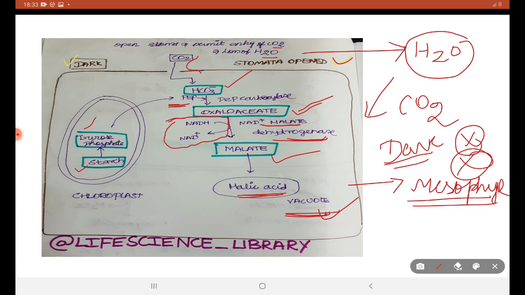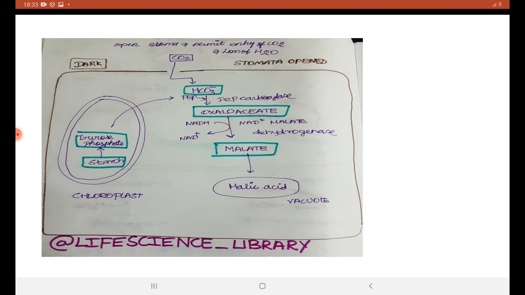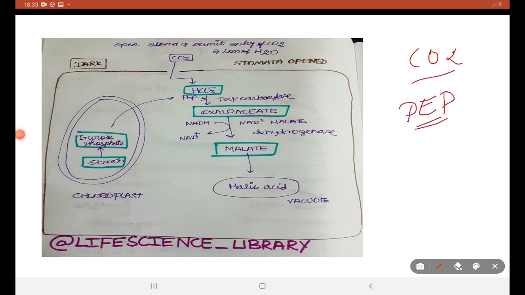This is the overall mechanism of what happens in mesophyll cells during dark time. At night, carbon dioxide is captured by phosphoenol pyruvate carboxylase.